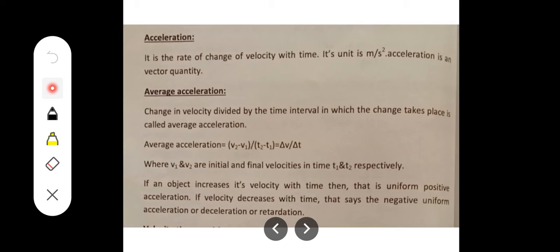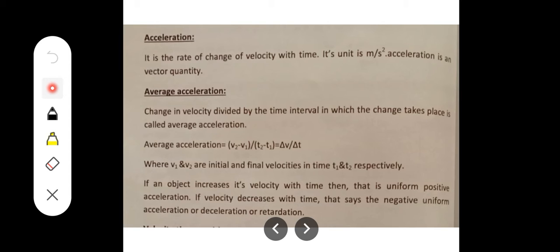And average acceleration can be defined as the change in velocity divided by the time interval in which the change takes place. Mathematically, average acceleration is v2 minus v1, where v2 is the final velocity and v1 is the initial velocity, divided by t2 minus t1, where t2 is final time and t1 is initial time.